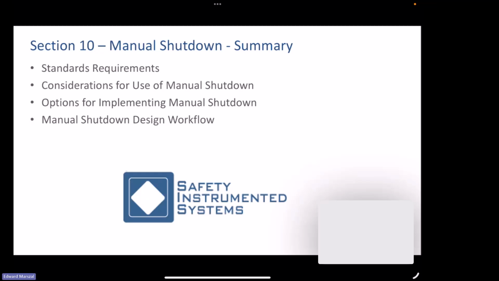Probably not. Also, you have to realize that operators are very hesitant to act on pre-alarms, especially if they're afraid that they're going to lose their job if they take action on the pre-alarm.